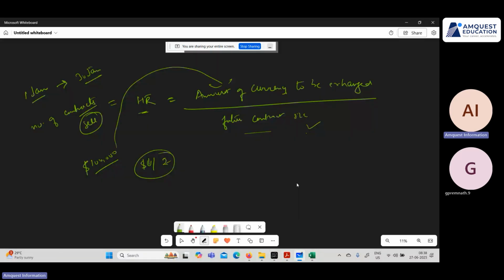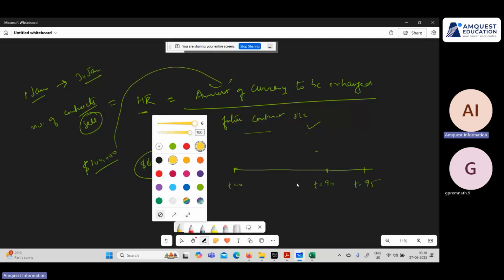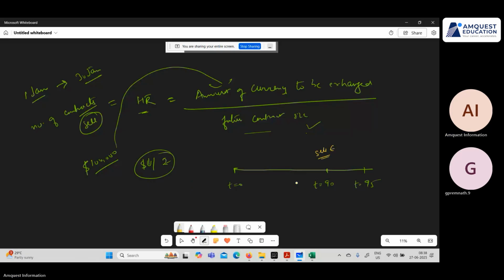So I'm saying that this is t equal to 0, this is going to be t equal to 90, and this is t equal to 95. So you got into a contract where you said that you will be selling euro on this day. But what is the risk? The risk is that you are going to receive euro on the 95th day. So how will you sell those euros?